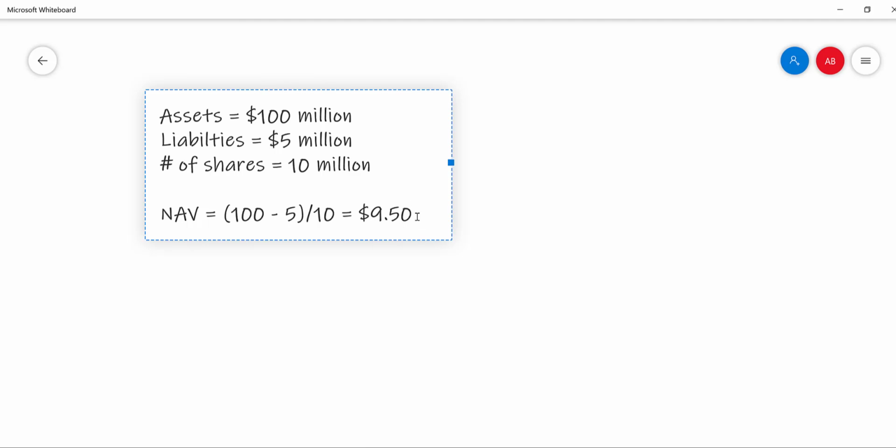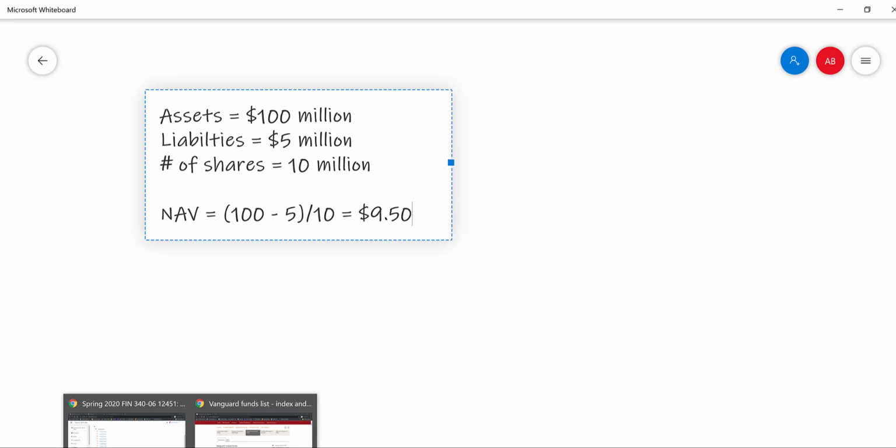However, as I mentioned before, mutual funds do not trade on exchanges like individual stocks, so their NAV does not change continuously. In fact, the NAV is updated only once every day. After the close of the market at 4 p.m. Eastern Time, the net asset value of the fund is computed based on the total value of assets and liabilities, and by dividing the difference by the total number of shares.